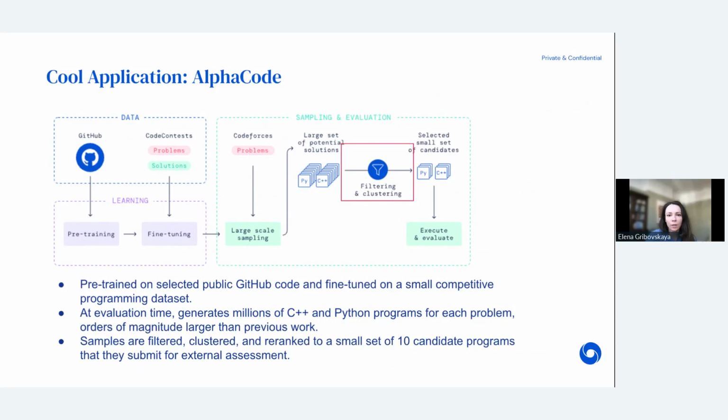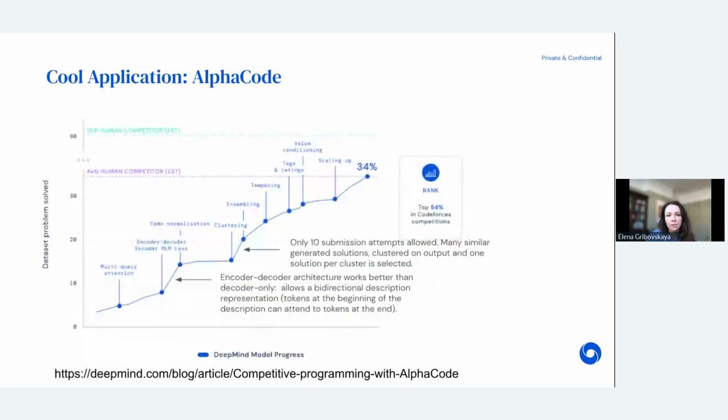And clustering is an important step here because in itself, the model tends to generate many candidates which are similar. And so clustering helps us to find solutions which are similar. And when we then select the top 10 candidates, we only sample once from each cluster.